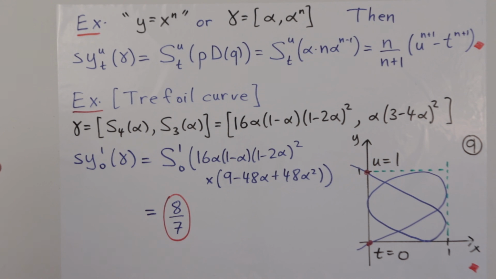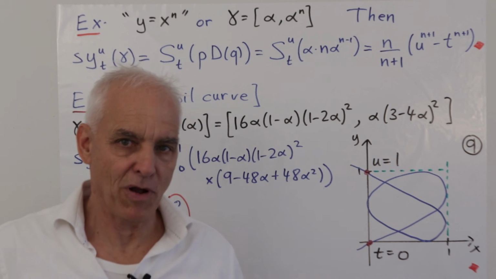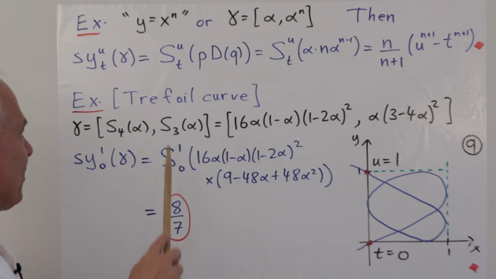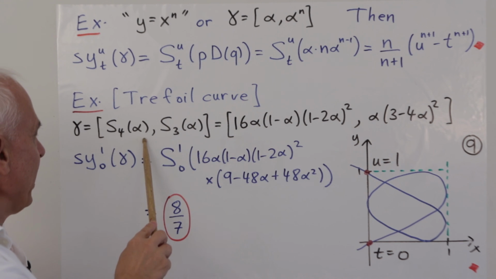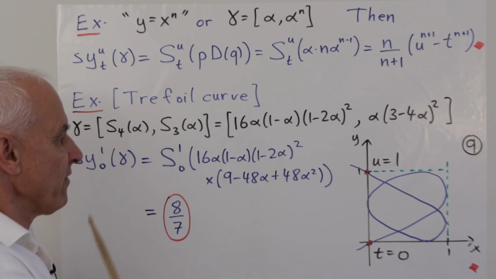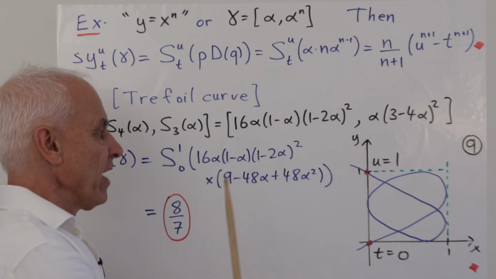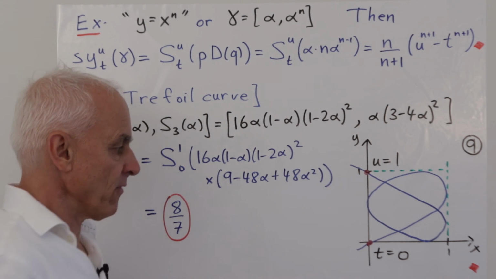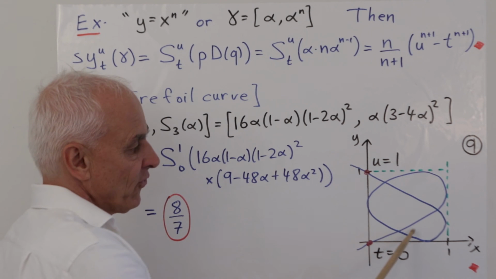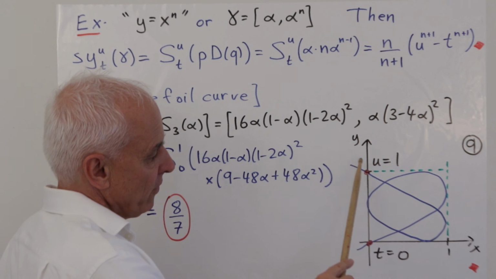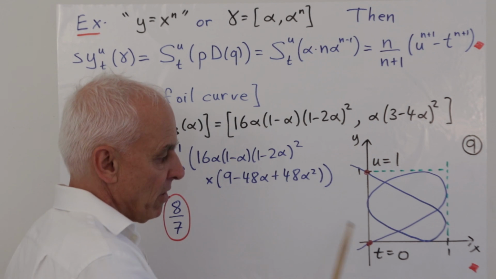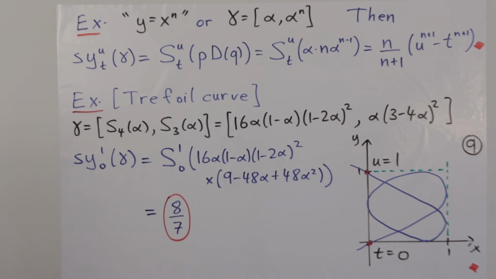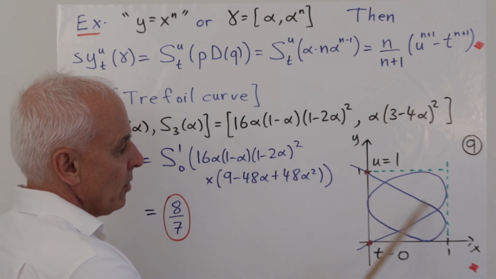And a slightly more sophisticated polynomially parameterized curve is the Trefoil curve with entries S4 of alpha and S3 of alpha. This is what S4 of alpha happens to look like. There's S3 of alpha that we've already seen. And here is a picture of the Trefoil curve, kind of bounces around inside the unit box there, from t equals 0 here, all the way up to u equals 1.